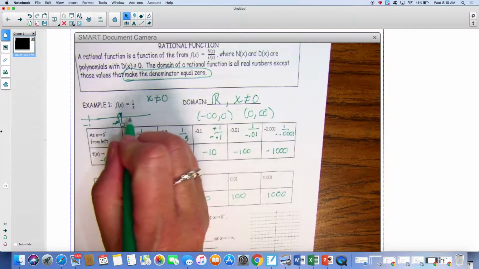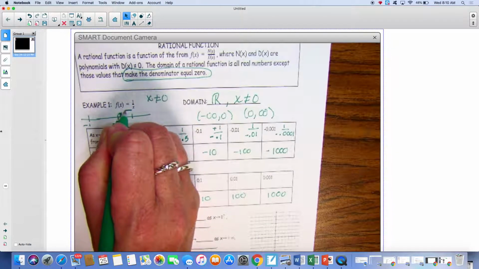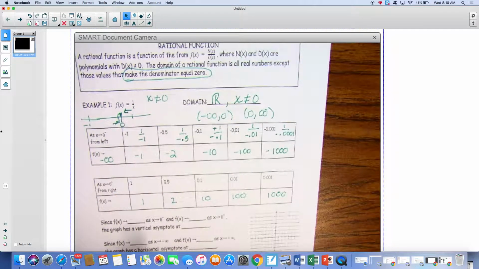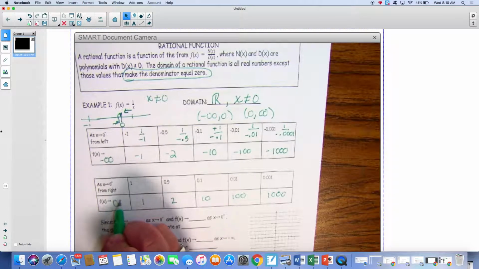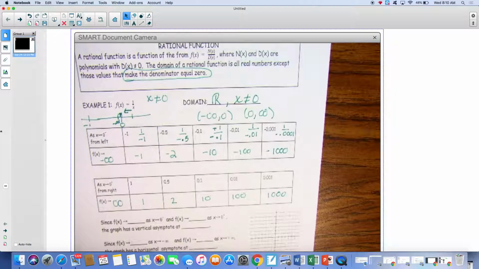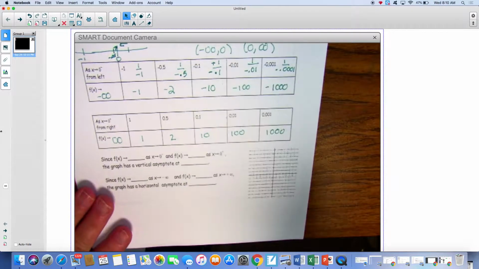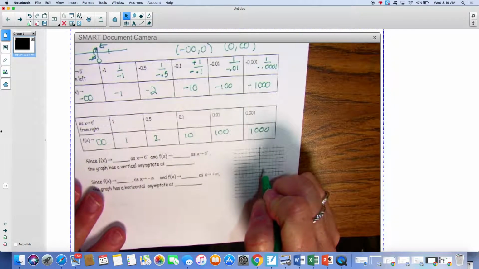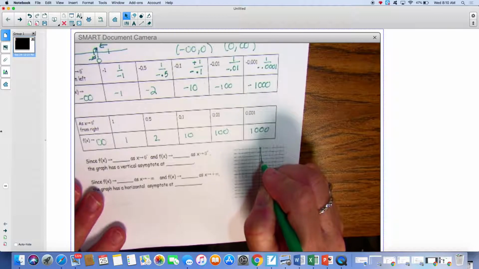So now what's happening as I approach 0 from this side, the smaller and smaller my x value gets, what's happening to my y value? They're going to infinity. And you guys know what the 1 over x graph looks like, because that's one of those from the parent graphs from our quiz.